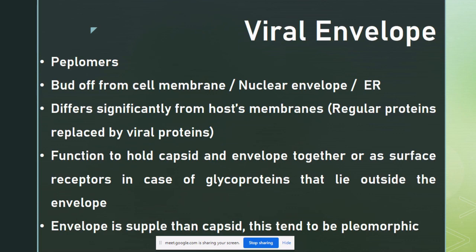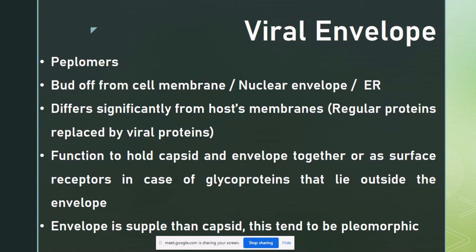The virus replaces many proteins of the cell membrane after budding off, so that it can replace them with its own viral proteins. This is a very important point. As far as our understanding is concerned, we always remember that the virus takes off the cover of the cell, so it should be the same, but it is not. So viral proteins replace the cell proteins. I hope this is clear.